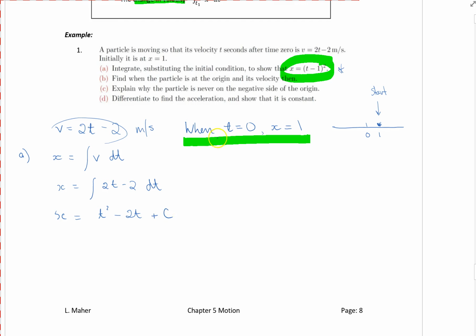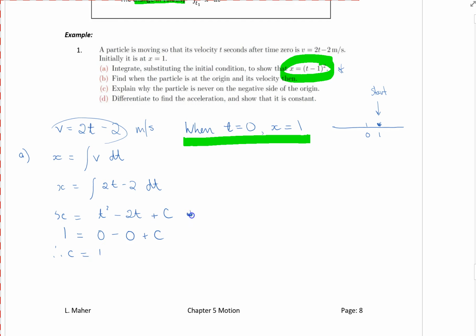So what did we know? We knew that we were given that x would be 1, so in this spot I'm going to put 1, when t is naught. And this is what I was saying in a previous video, that subbing t equal to naught creates a really simple equation, and we can say that therefore c is equal to 1.